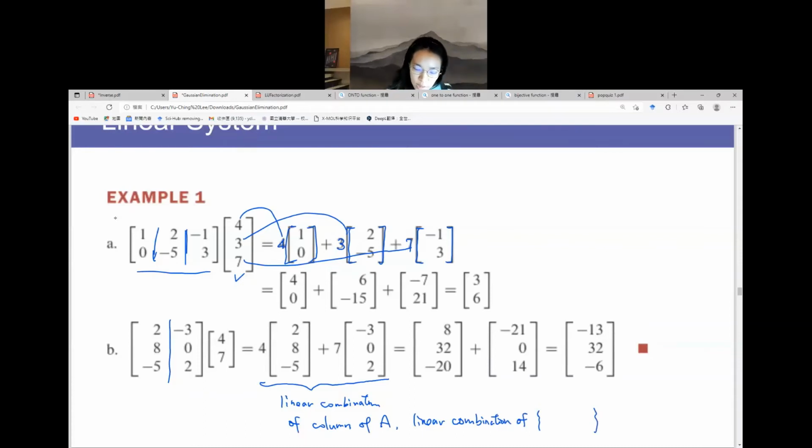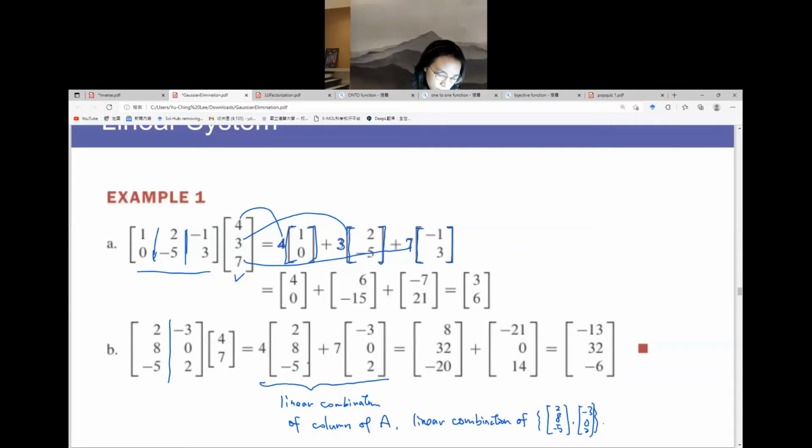To express the collection, I use braces, 大括号, okay, a collection of these two vectors. Okay, so that's how I rewrite.